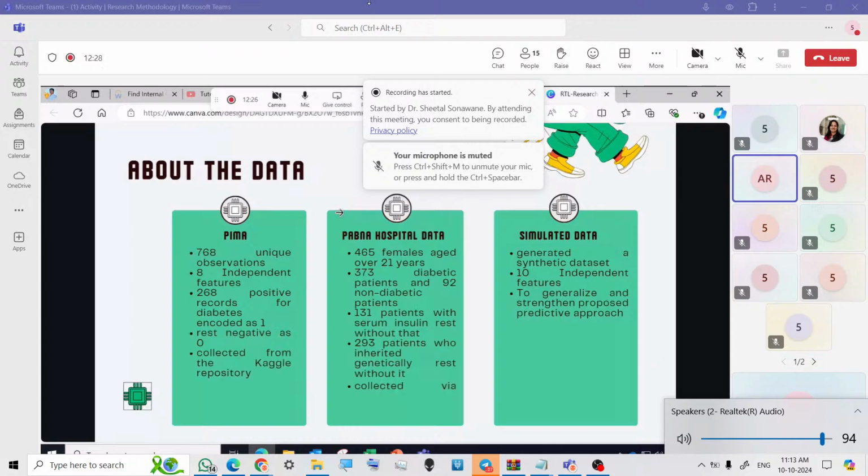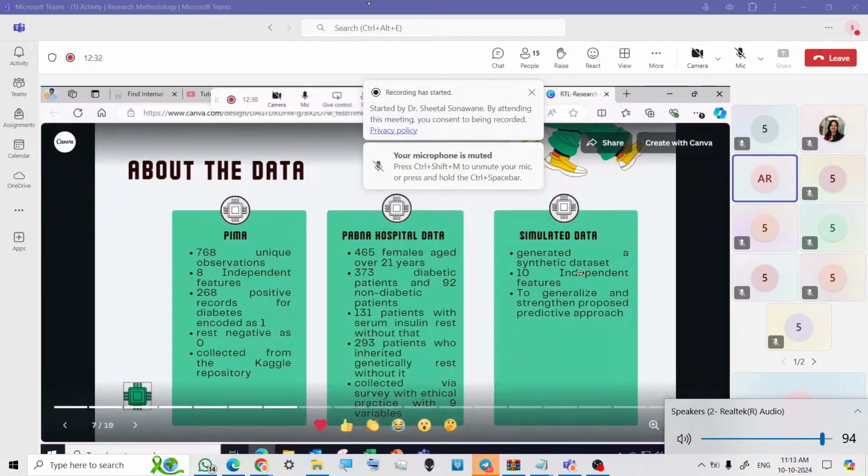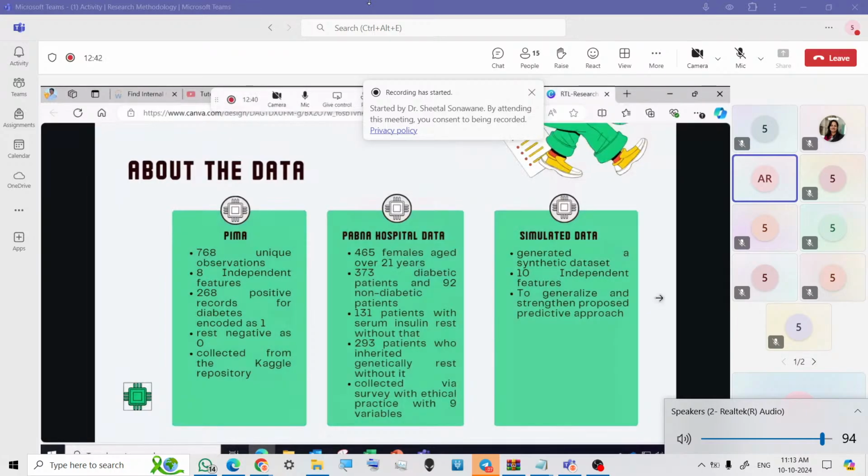So this is the overview of how the data looks like. As we talked about, we are having three kinds of data in the study. First of all, we are having the PIMA data, which is freely available from Kaggle. And if we are talking about the features, we are having 8 features for 768 unique records.